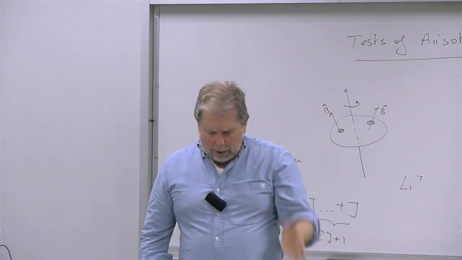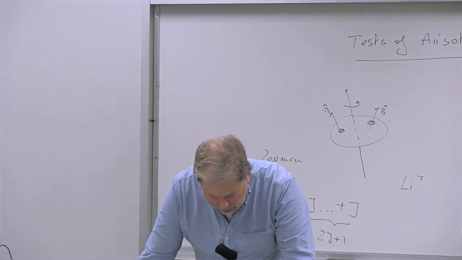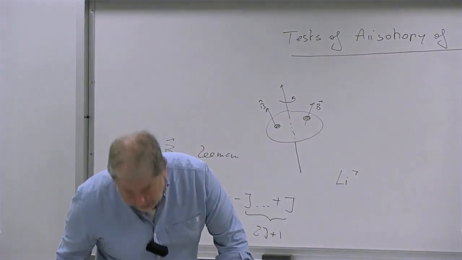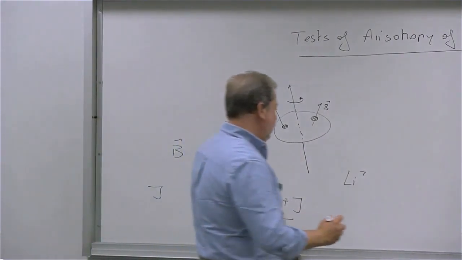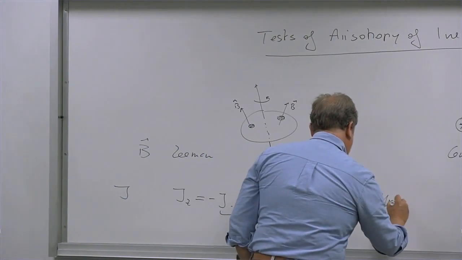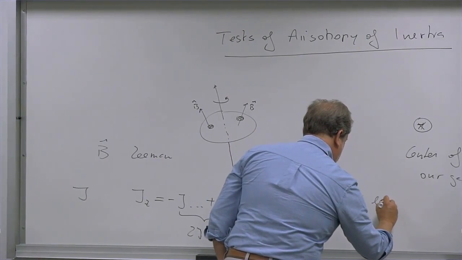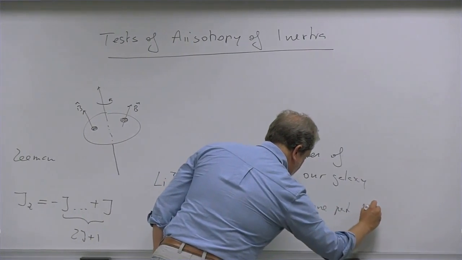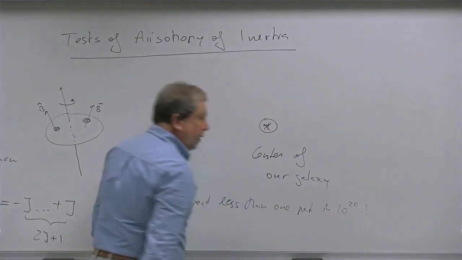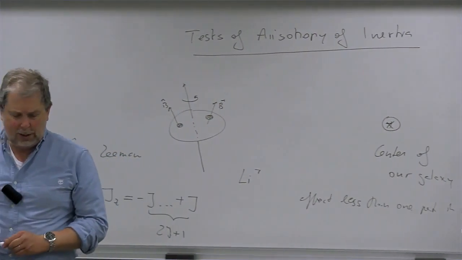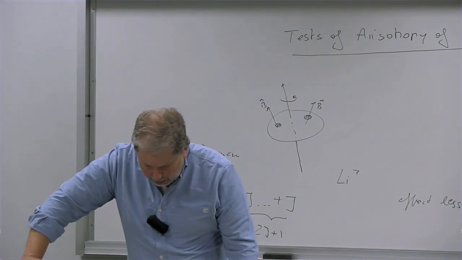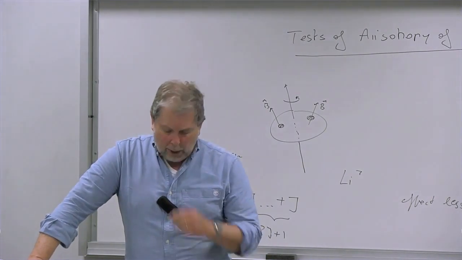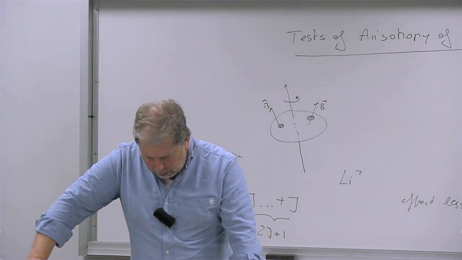And well, what they found was nothing. They found that the effect was less than 1 part in 10 to the 20. This was in the early 60s, and lately these kinds of experiments have been repeated, and they're discussed in the Cliff Will review of a few weeks ago.